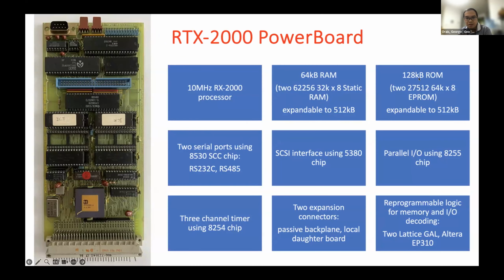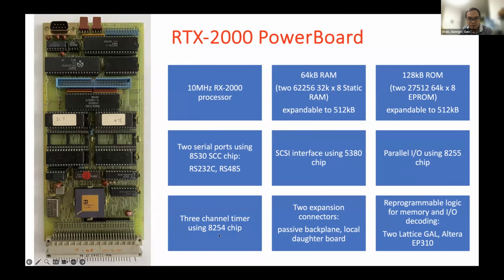As of the moment, it has 128 kilobytes of ROM, which consists of two EPROMs, and it's also expandable. It has two serial ports using the 853 chip, which is RS232 and RS485, which is here. There's also a SCSI interface using this chip, and parallel IO using this chip, which is this port.